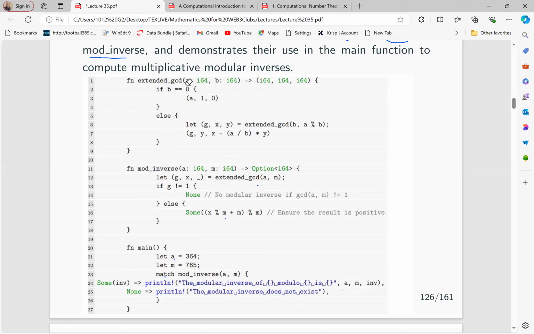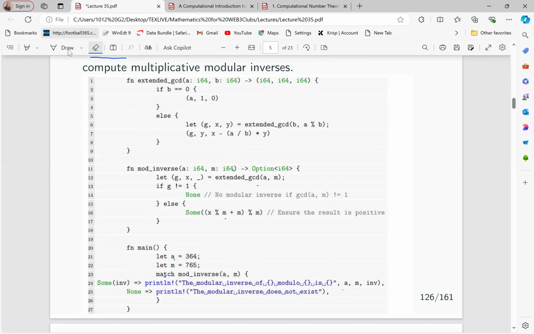And then after that, the mod inverse function takes over now to find the inverse. And then we go back to the main function, which then prints the results.